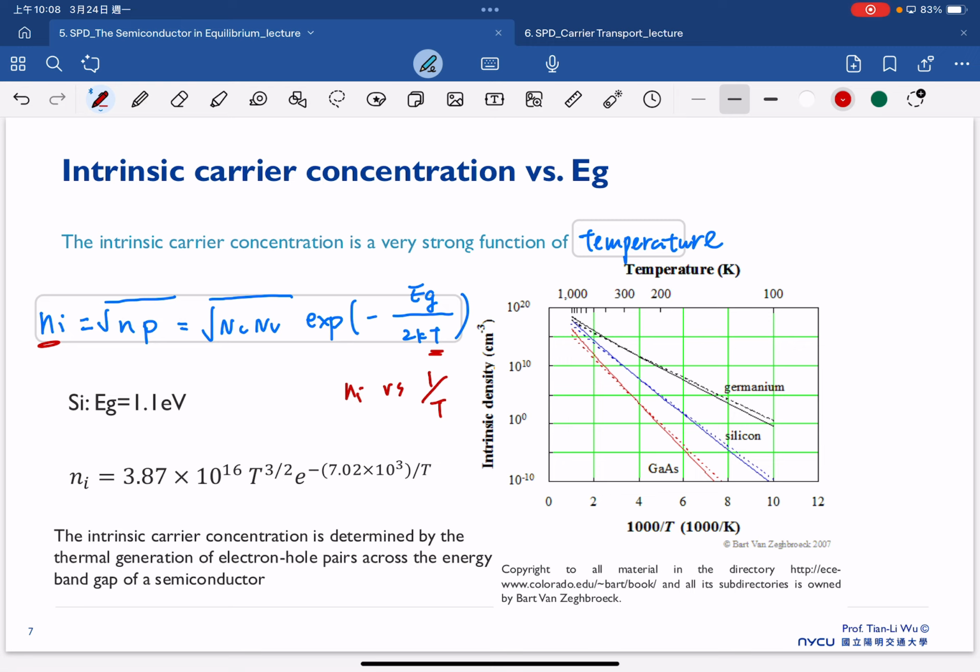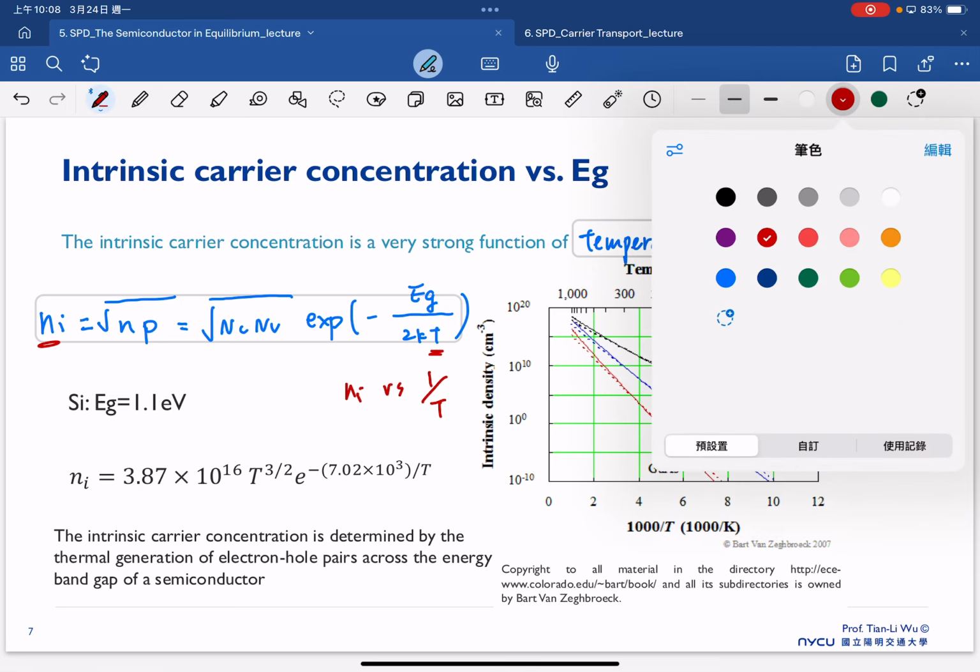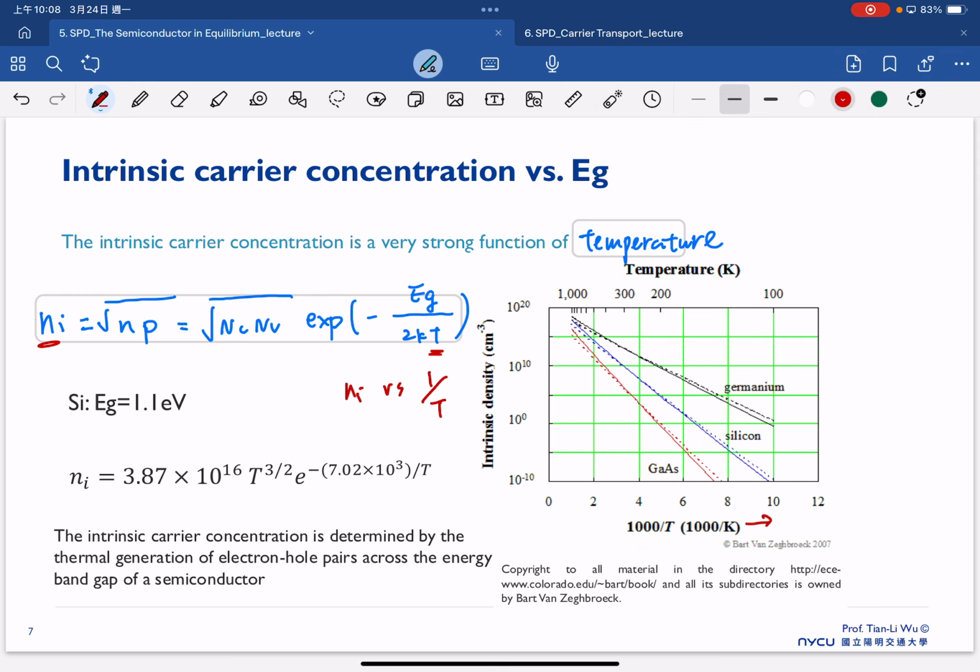This won't cause too much difficulty to understand, as shown in the bottom one, which uses 1000 over T. In this case, the x-axis to the right is low temperature, and the x-axis to the left is high temperature.